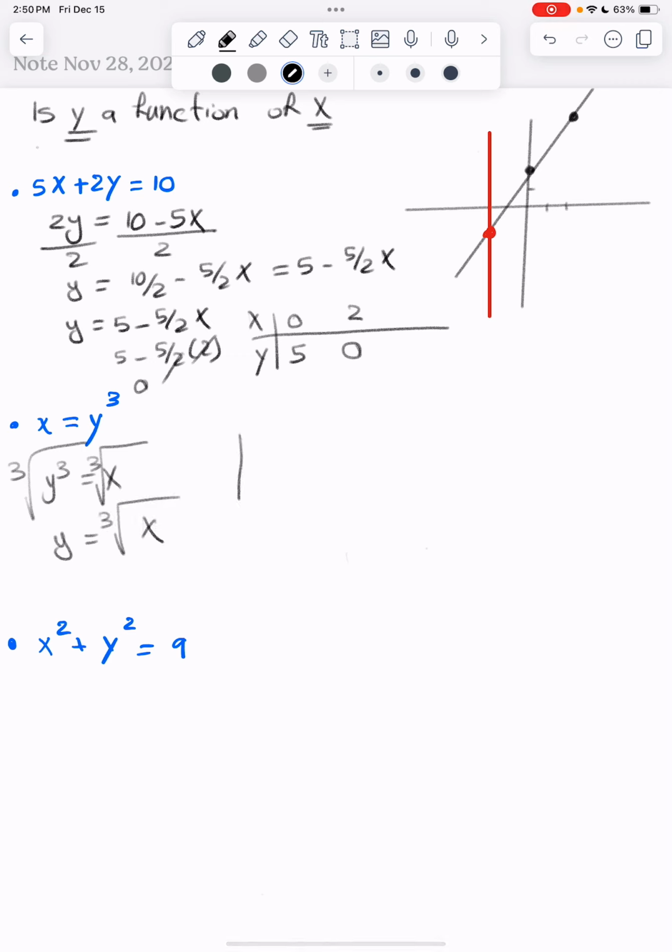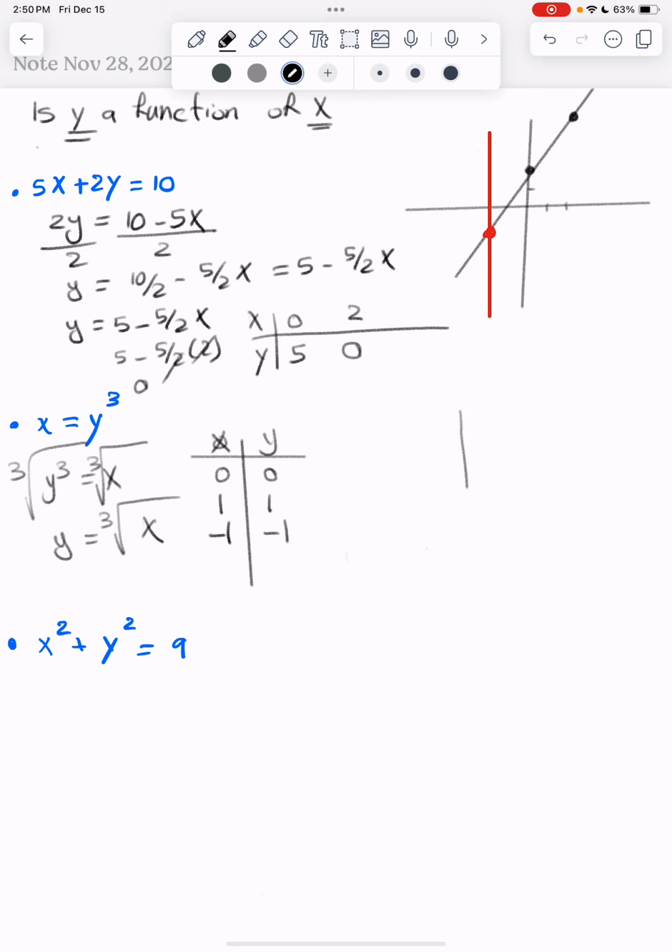Again, let's plot this with a couple of points. 0 is the easiest one. 0 for x gives you 0 for y. Now, if you put 1 for x, you'll get 1 for y, right? And if you put negative 1 for x, because it's a cube root, you get negative 1 for y.